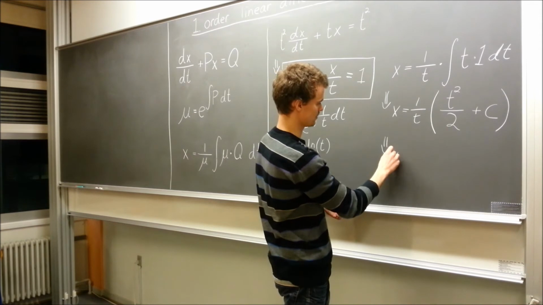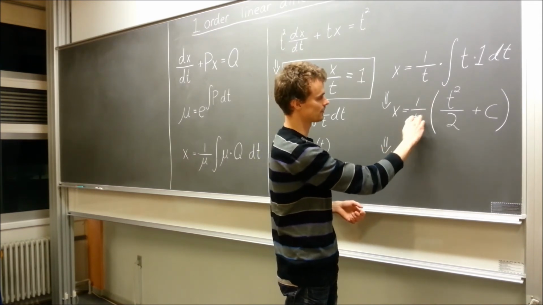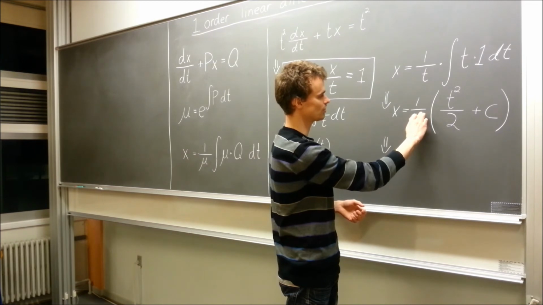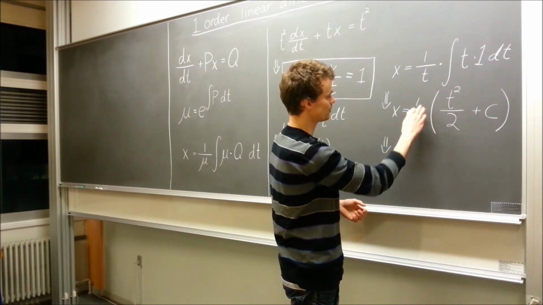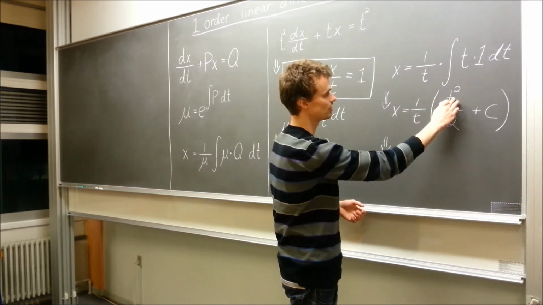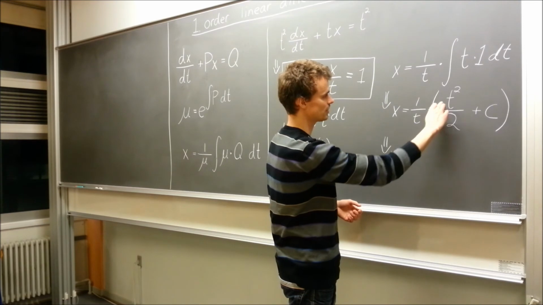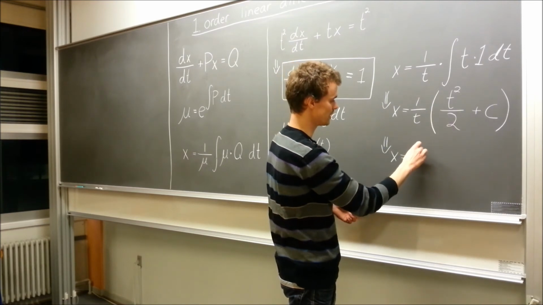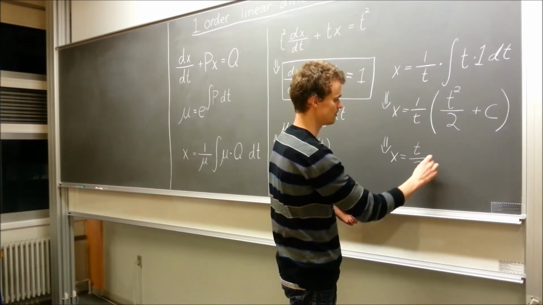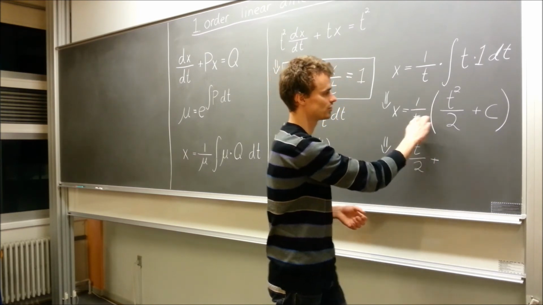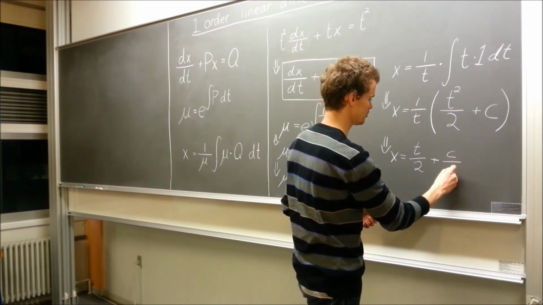This gives x equals, and now we multiply into the parentheses. So we have 1 over t times t to the second power divided by 2. The t cancels one t here, so we have t over 2 plus 1 over t times c is c divided by t.